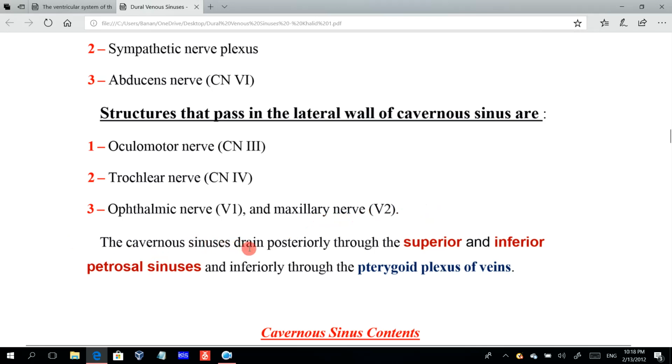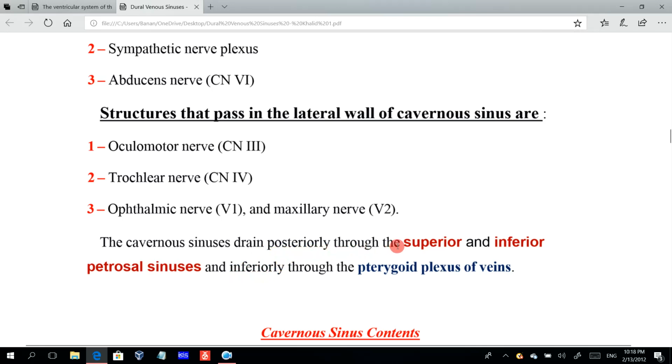The cavernous sinuses drain posteriorly through the superior and inferior petrosal sinuses, and inferiorly through the pterygoid plexus of veins. So the blood from the cavernous sinus actually drains in two directions, posteriorly and inferiorly.